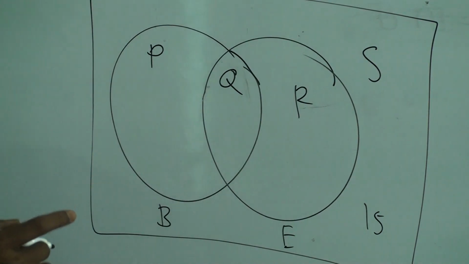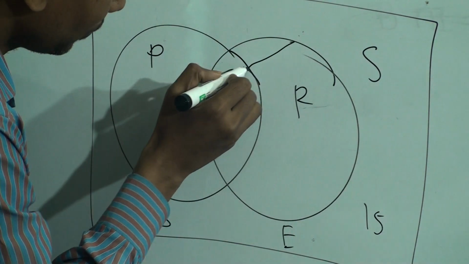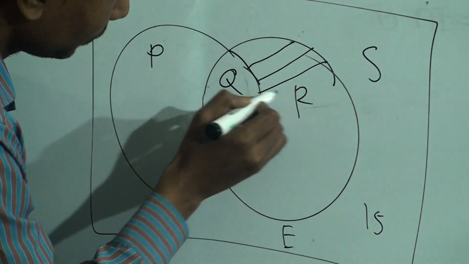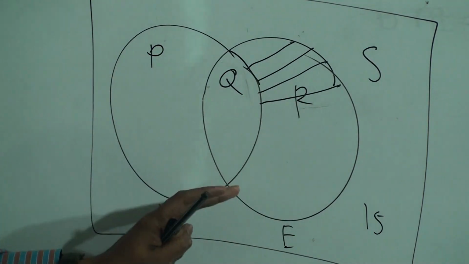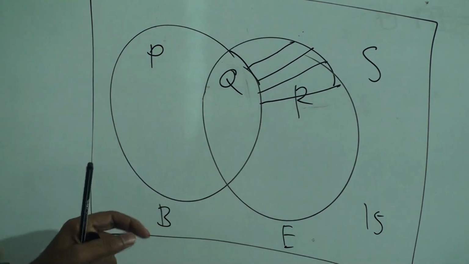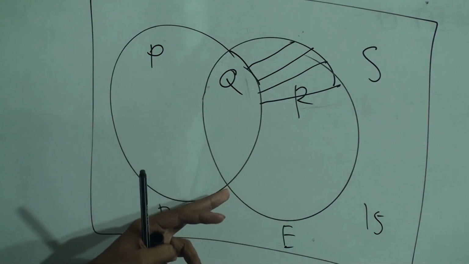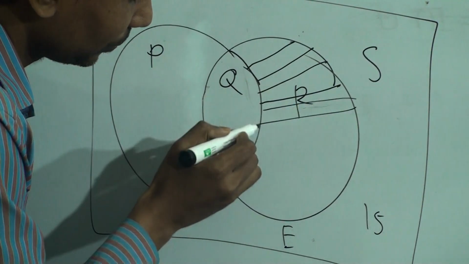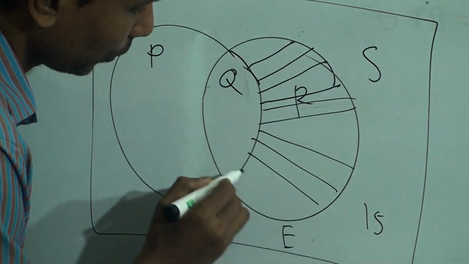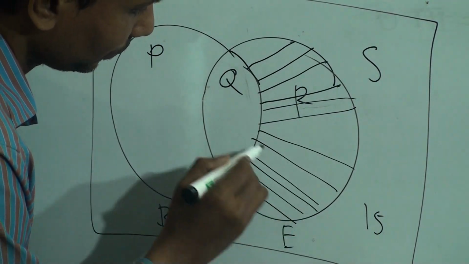Look, pass in English, that means what? Only this. Sorry, pass in only English. I told you, repeat again. Pass only in English. That means what? Up to this area. Okay students, only this.